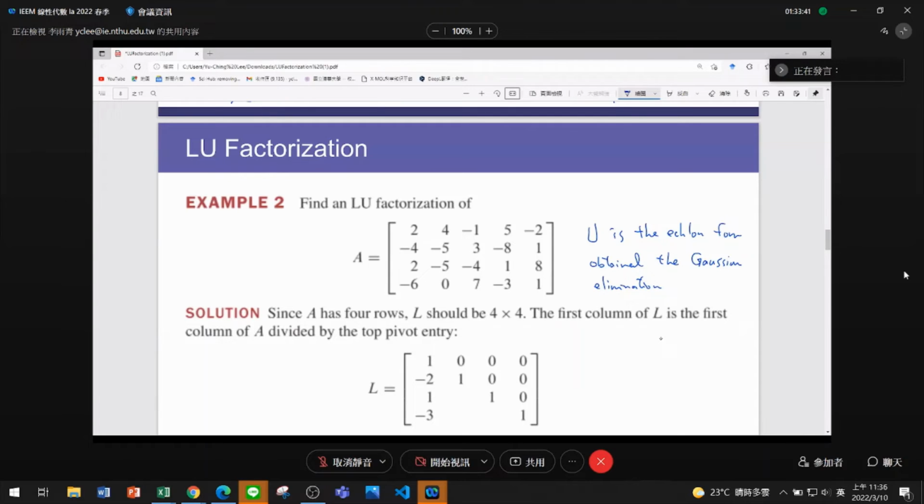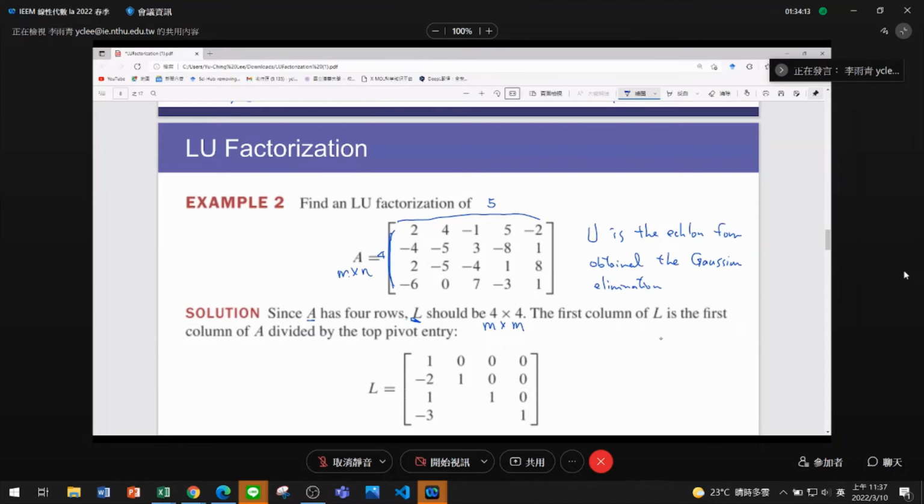And so here's the process to identify such an L matrix. Since this A matrix is an n by n matrix, a 4 by 5 matrix, L should be n by n, exactly the number of rows A has. So L should be a 4 by 4 matrix.